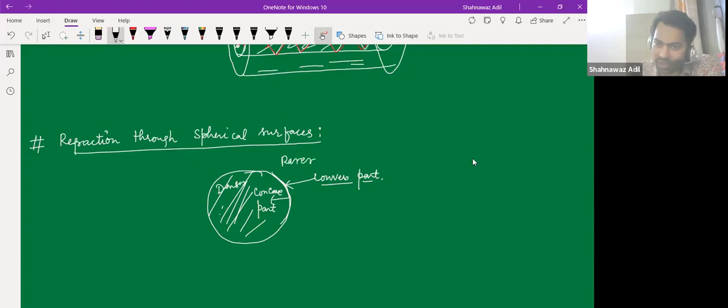So whatever part is there in the rarer medium, that would be the refracting surface. So what part is there in the rarer medium for this case? Convex or concave? Convex. So this would be called the convex refracting surface.